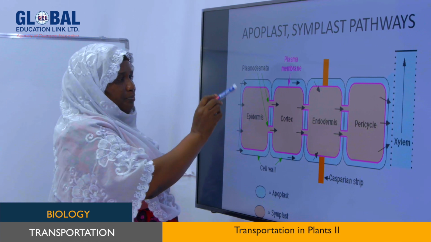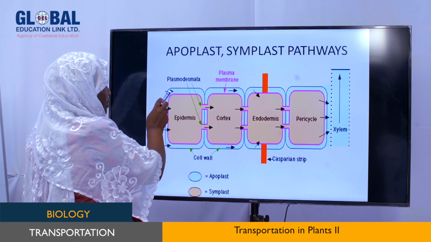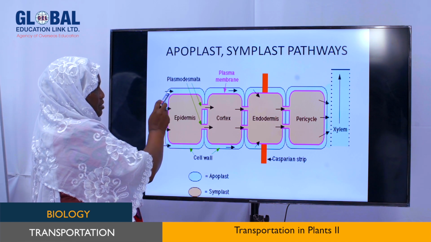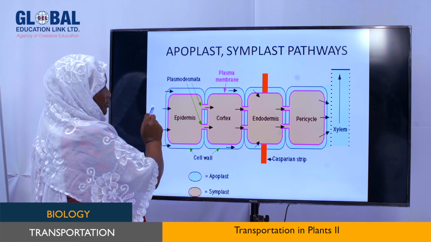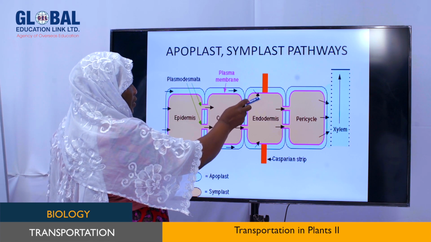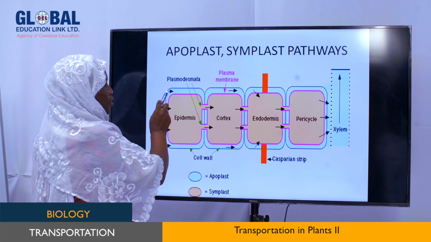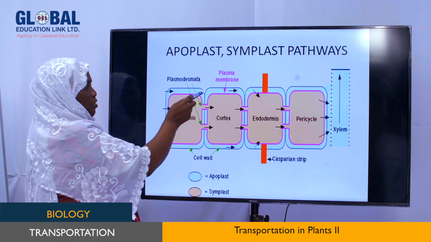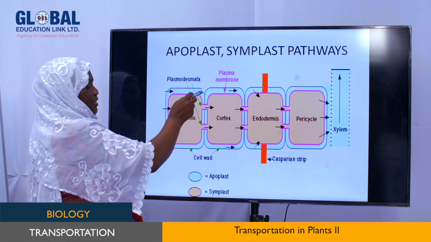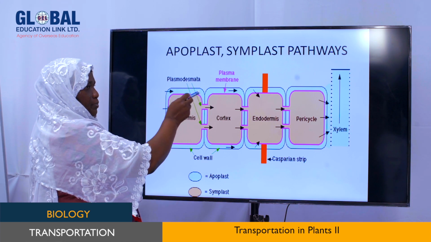Okay, check these arrows, the blackish one, like this one, here. The arrow which passes through this layer, this is the cell wall.